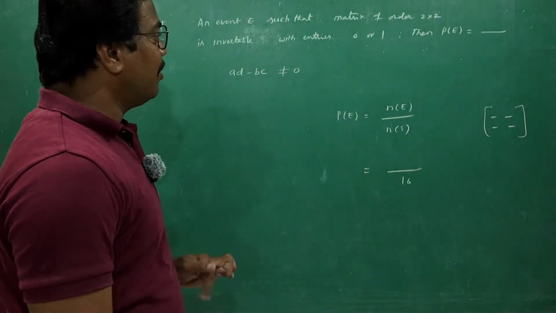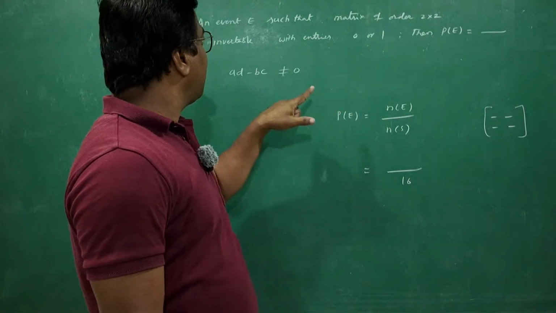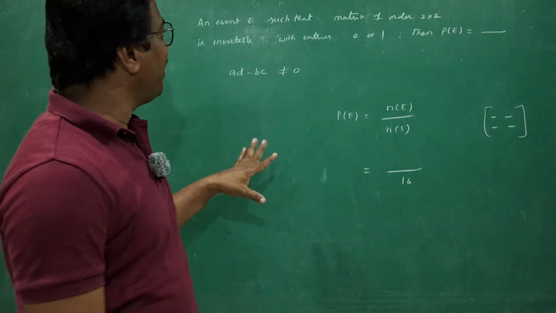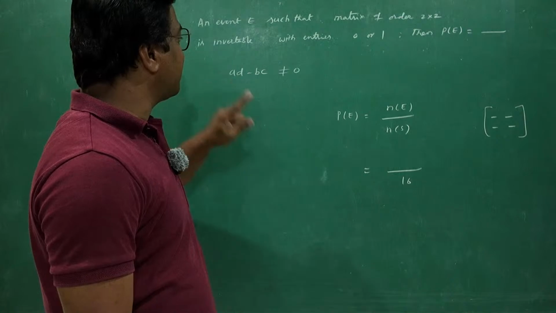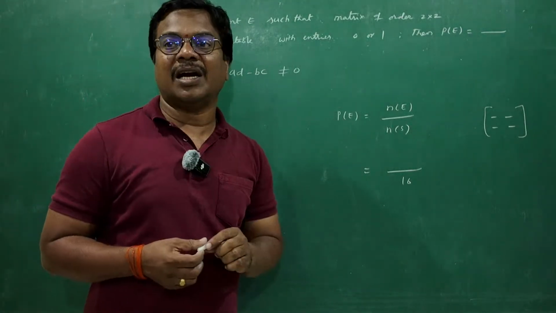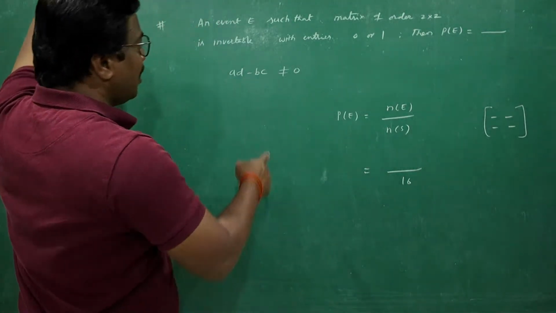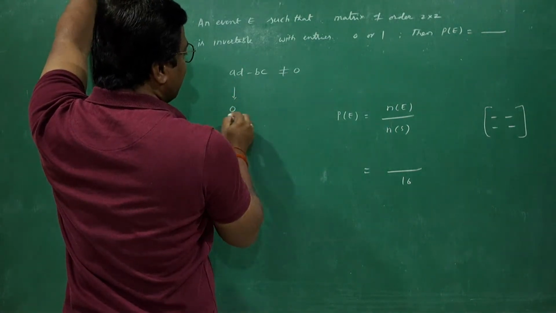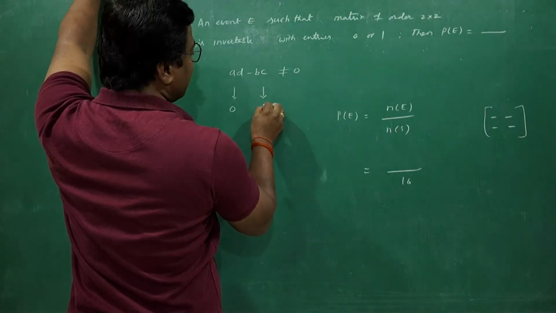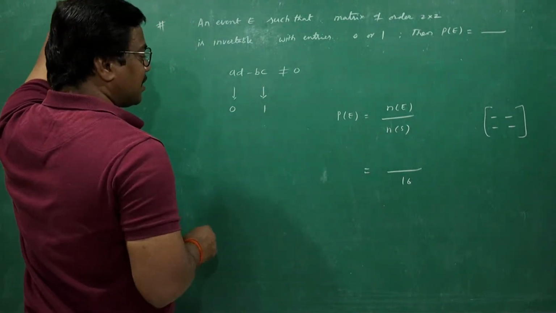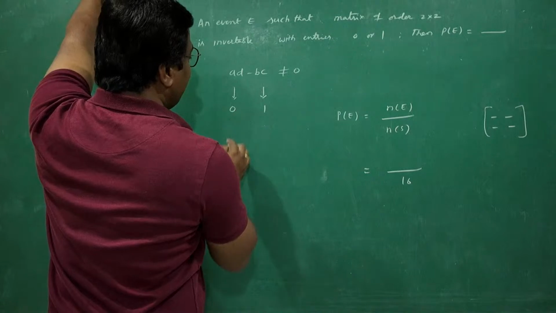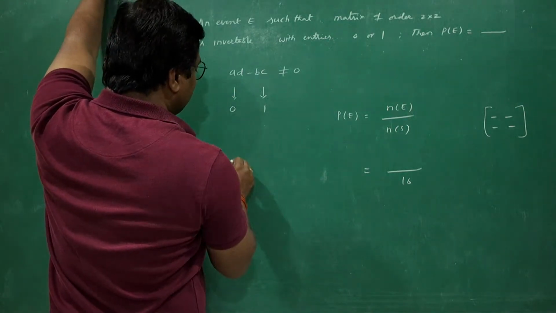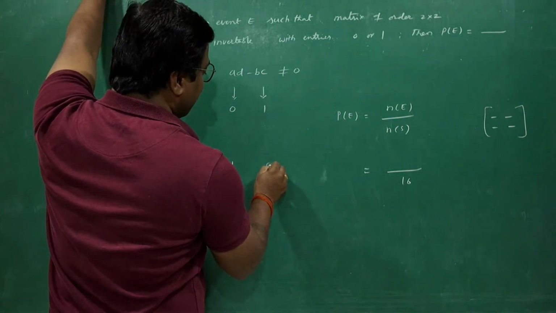Now, the favorable outcome should satisfy the condition AD minus BC not equal to 0. This is possible whenever AD is 0 and BC is 1. This is one case. The next possibility is when AD is 1 and BC is 0.